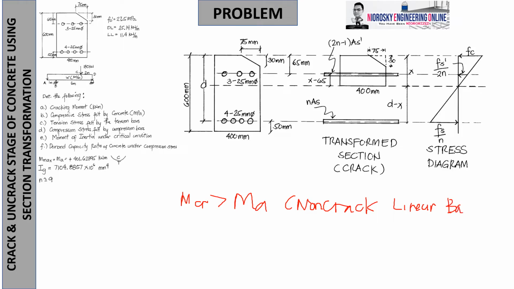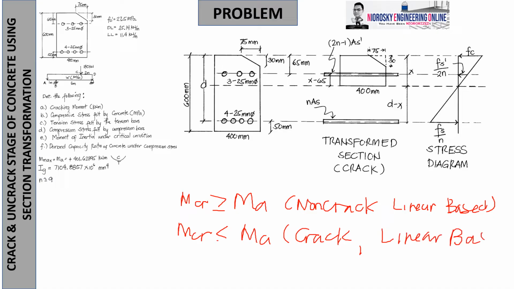And when you have M sub CR less than, let's include equal, MA, this is now what we call the crack linear base. So under the crack linear base, from the term linear, we expect that the stresses are linear. That's what I wanted to explain first.